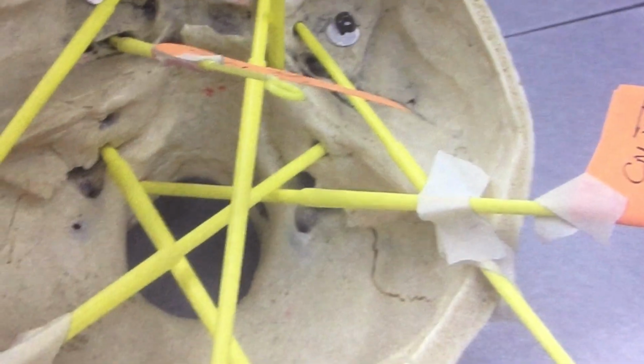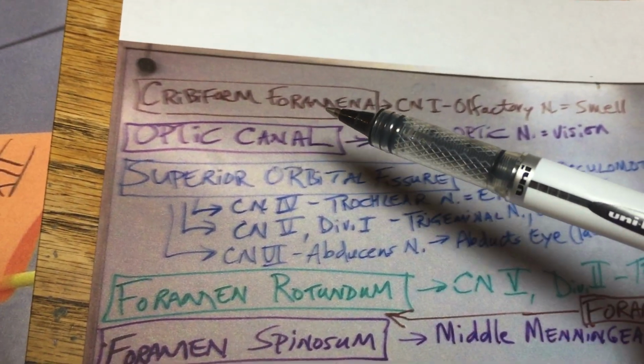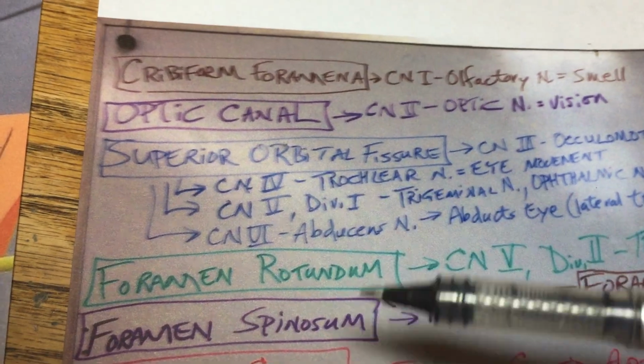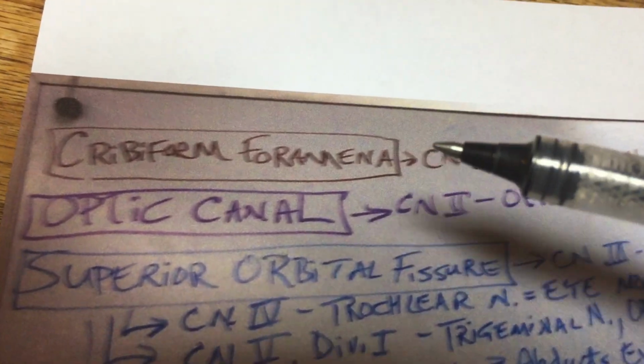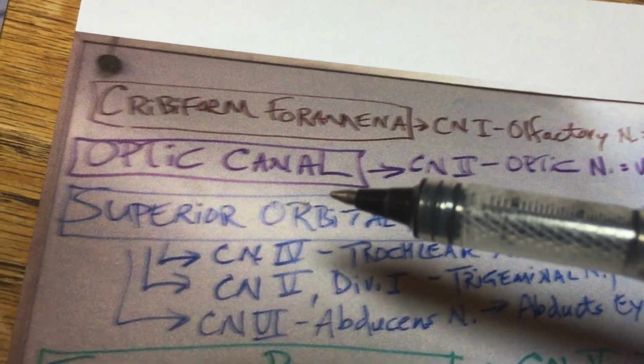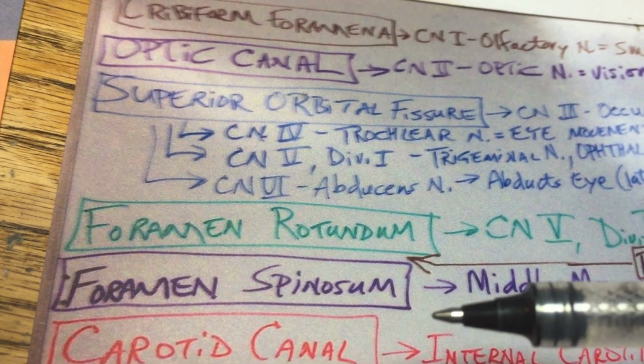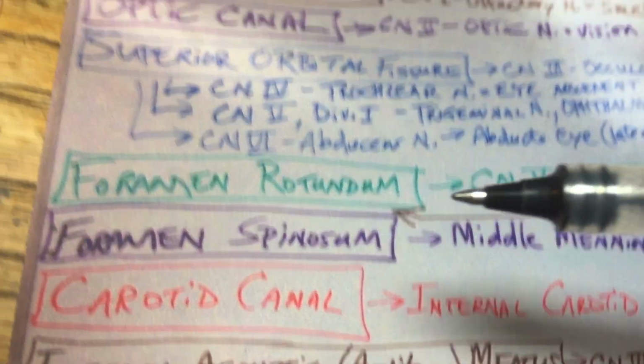And then here we have the actual listings of the names of the openings. So down this particular handout on this side, I'm listing names of openings. So we have the cribriform foramina, the optic canal, the superior orbital fissure, the foramen rotundum, spinosum, carotid canal, etc.